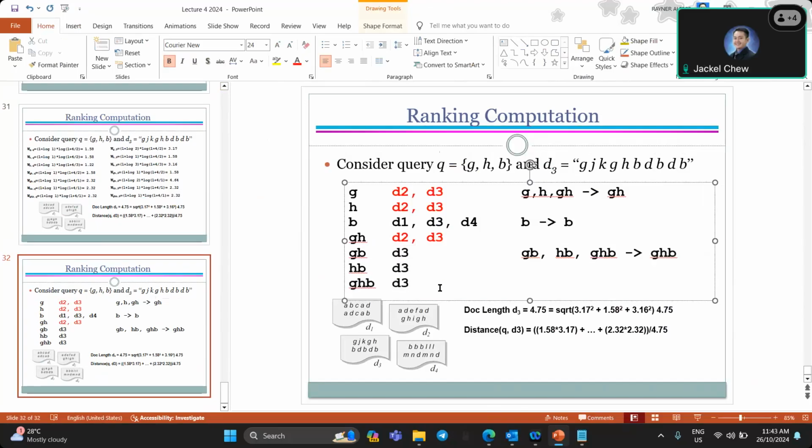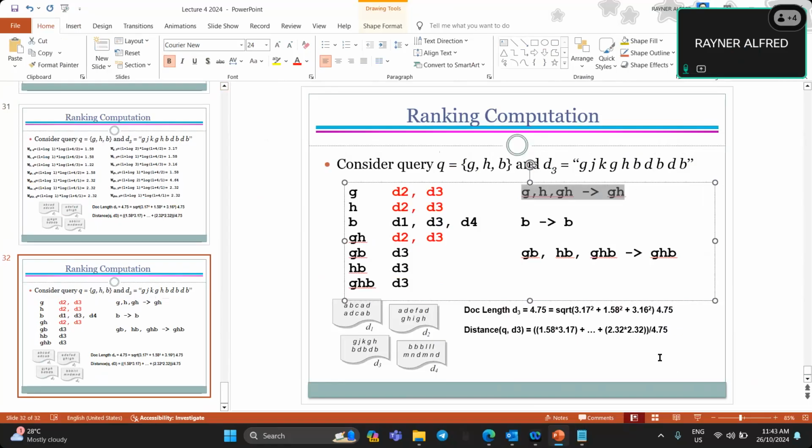What if, Prof, GB exists in D2 and D3? Let's say GB exists in D2 and D3. What if? Can we still apply closure? In that case, the combination of this will be different.